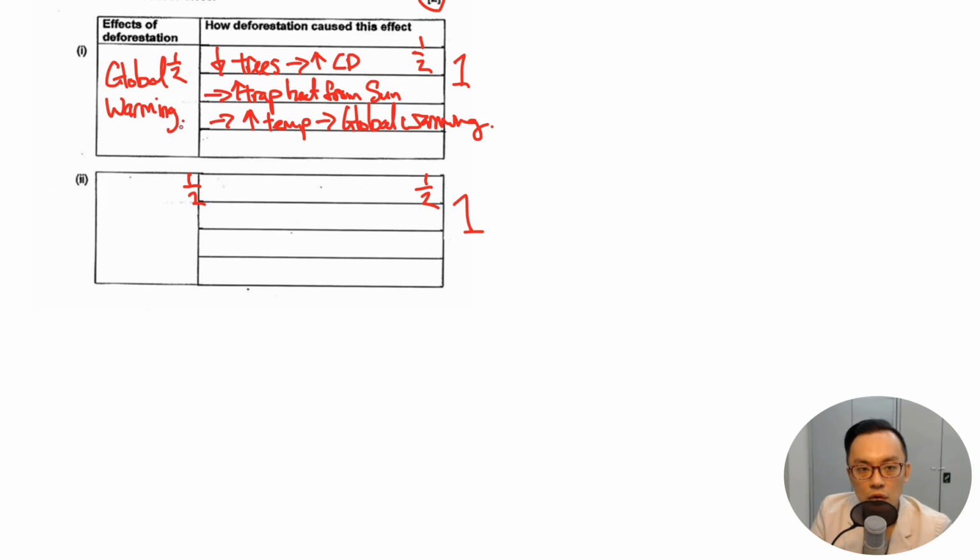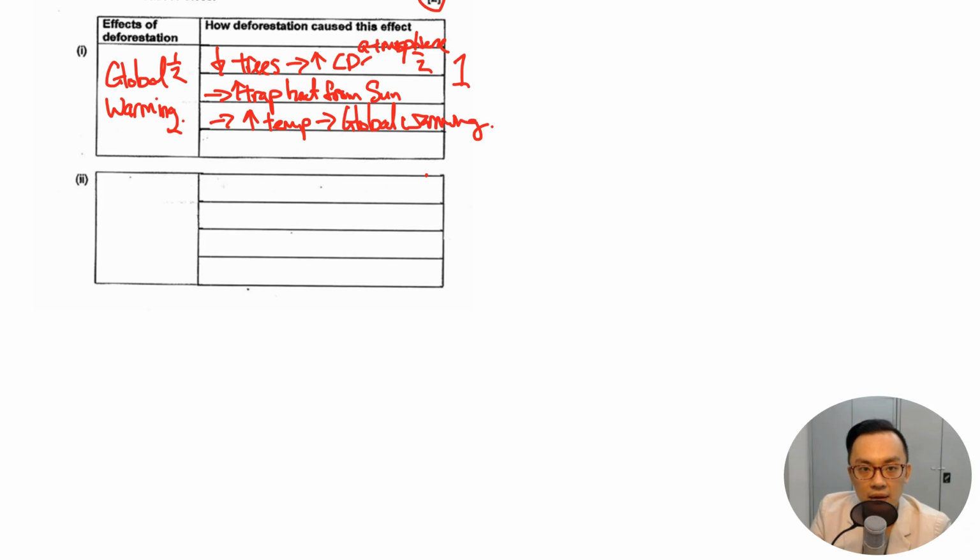Alright, so for global warming, there's a decrease in the number of trees, an increase in the carbon dioxide in the atmosphere. Alright, trapping heat from the sun, and then there will be an increase in temperature and therefore global warming.